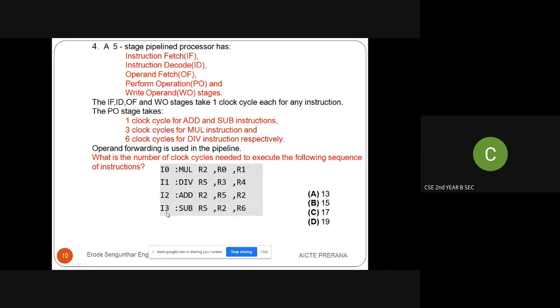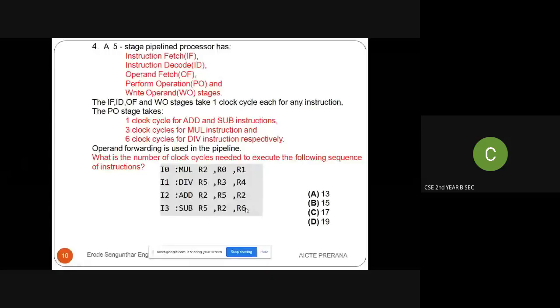Similarly, consider the last instruction I3, a subtraction operation, R2 minus R6. In order to process it, we are in need of the R2 value, which will be saved by the earlier instructions. So we are in need of the result values of R2, R5 and R6.